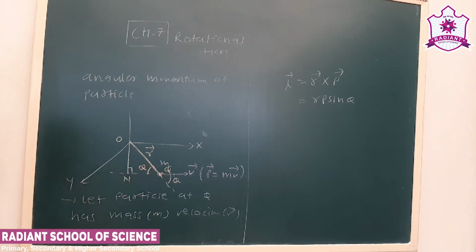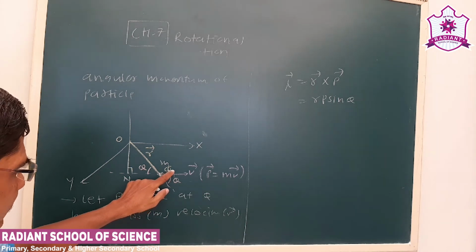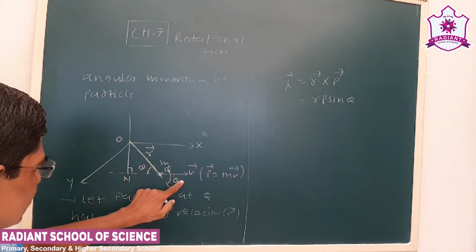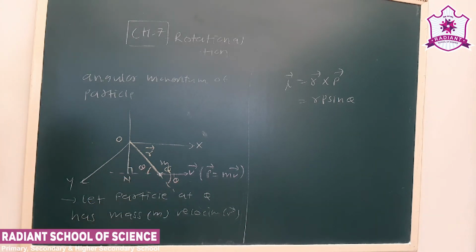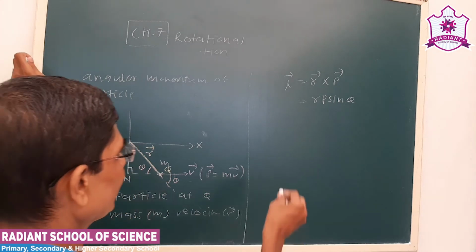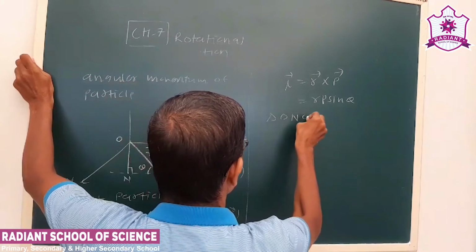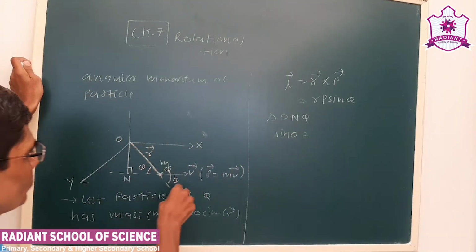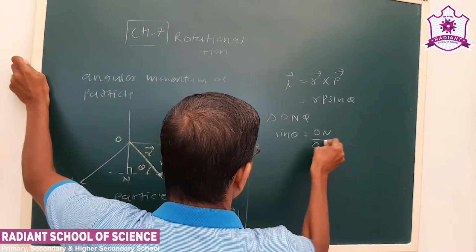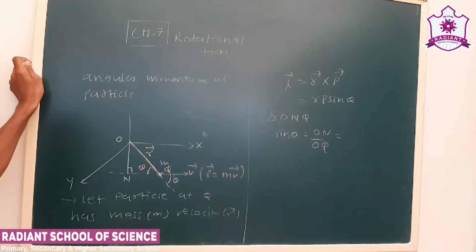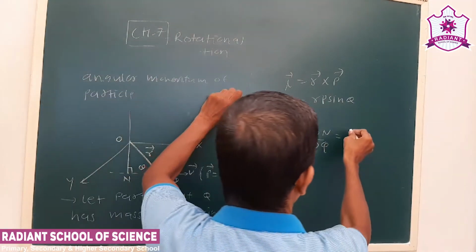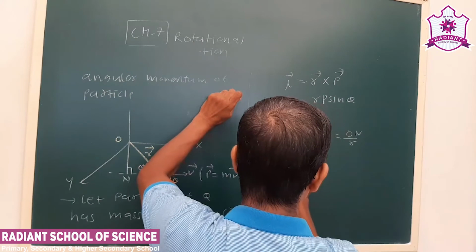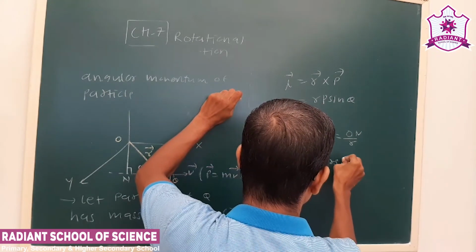Now in triangle ONQ, sin theta is ON upon OQ. Now OQ is the position vector R, so ON upon R. ON is R sin theta.